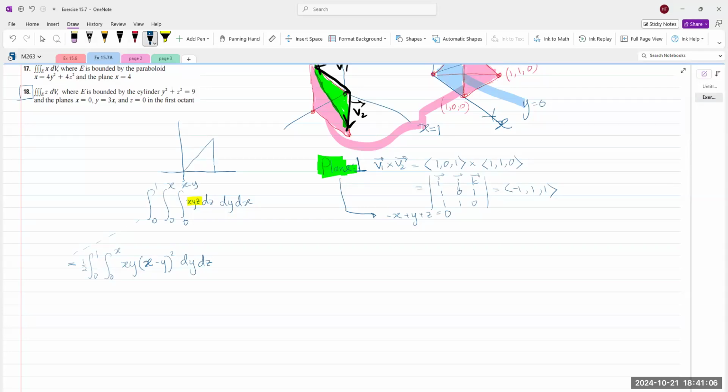Should I FOIL this? I'll FOIL that, it's polynomial anyway. So this will be x cubed y minus 2x squared y squared plus xy cubed, dy dx.